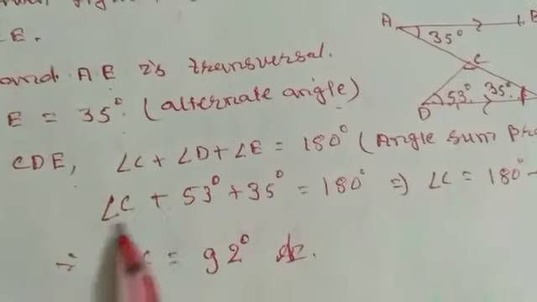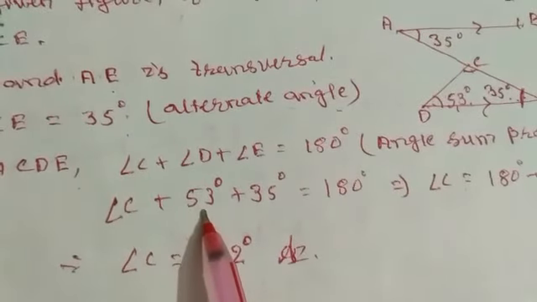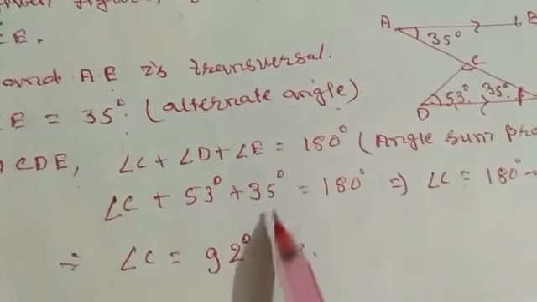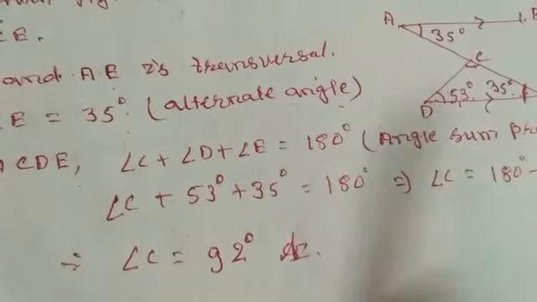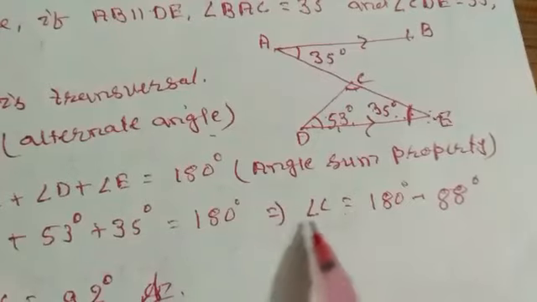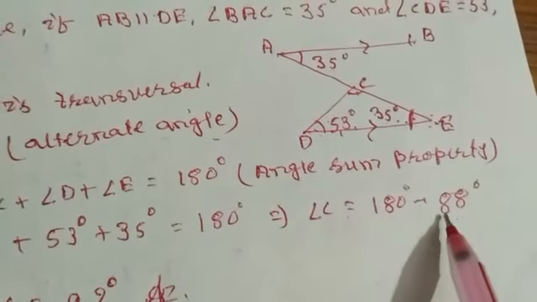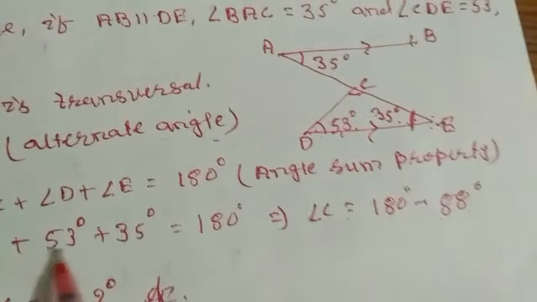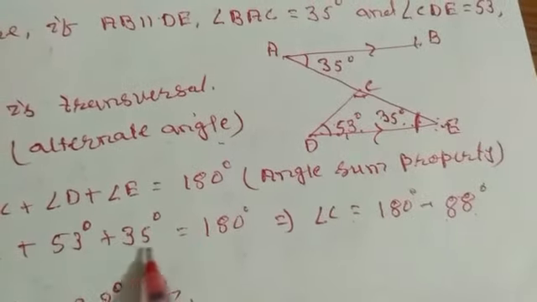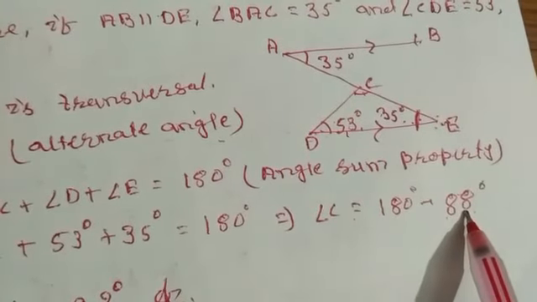So we have angle C plus angle D is of 53 degree and angle E is of 35 degree equals to 180 degree. So angle C equals to 180 degree minus 88 degree. When you add 53 degree and 35 degree, you will get 88 degree.